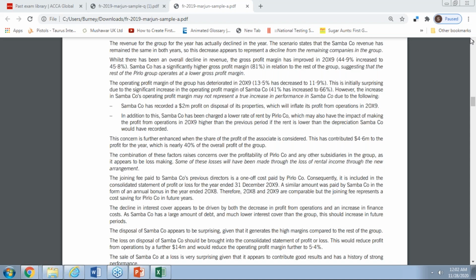I'm asking generally for attempting any kind of section C questions, it will be good if you first attempt it and then you can go and see the answers.